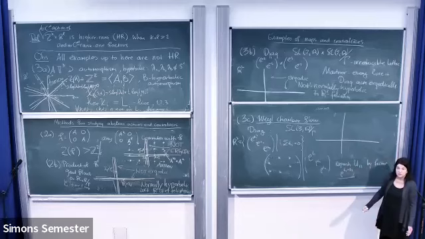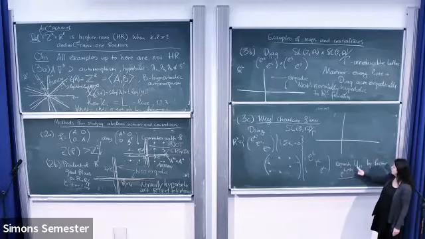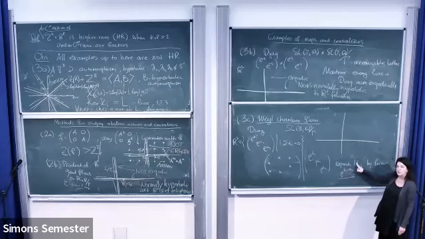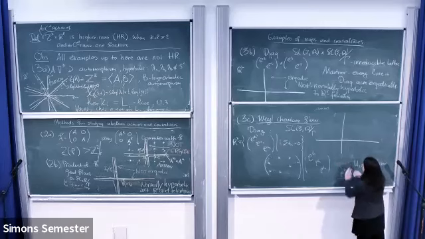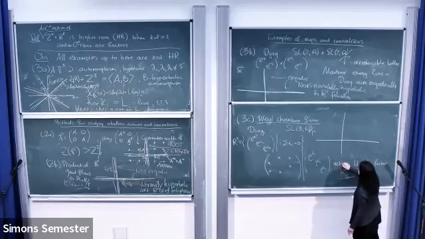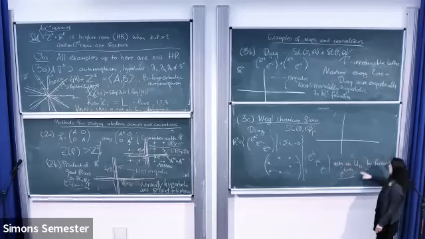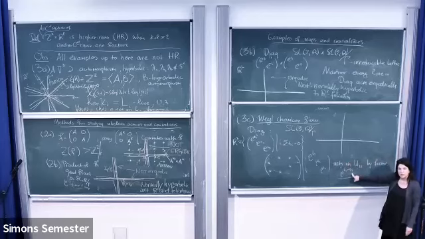So if t1 is equal to t2, this will be an isometric direction. If t1 is bigger than t2, this will be an expanding direction. If t1 is less than t2, then you get the opposite, contracting.